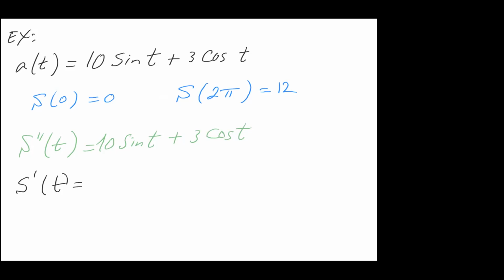here is my 10. Antiderivative of sine of t is minus cosine of t. So 10 times minus cosine of t plus 3 times the antiderivative of cosine, which is sine.